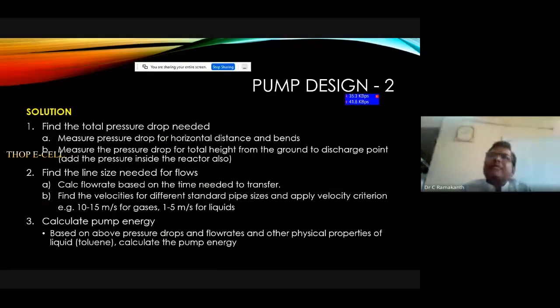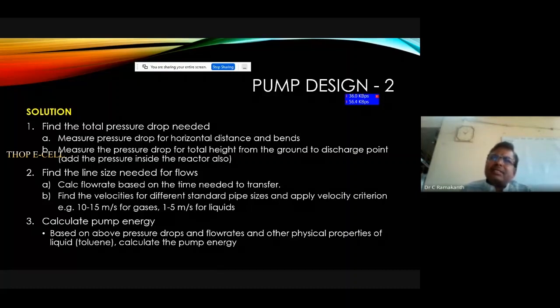Okay, if it is too low, for example, if we use a 100 pipeline size, and the velocity of that fluid comes out to be less than 1 meter per second, then we reduce the size of the pipe to make the velocity higher.